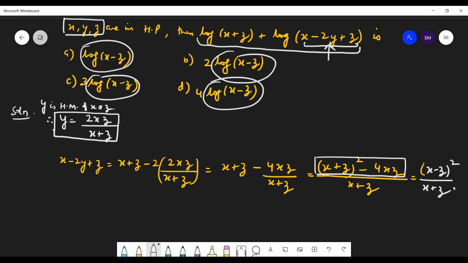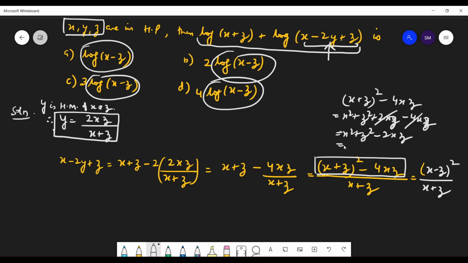Very good. So because see, this is something like x plus z whole square minus 4xz. So that will be x square plus z square plus 2xz minus 4xz. So ultimately you will get x square plus z square minus 2xz, and that's x minus z whole square.